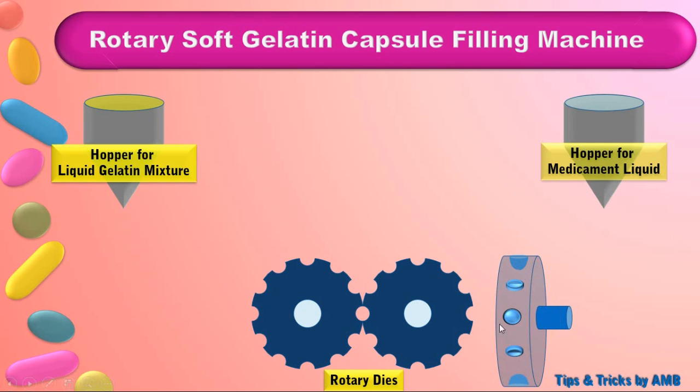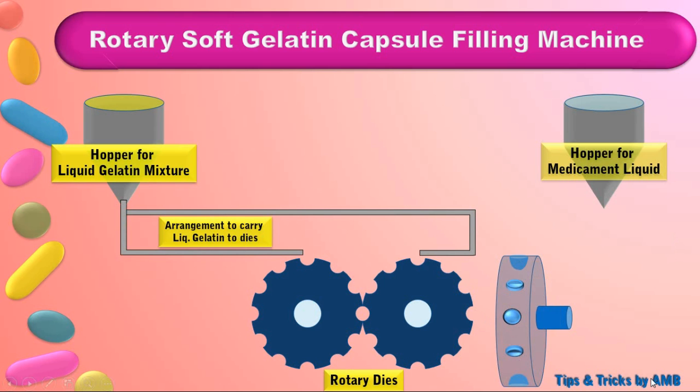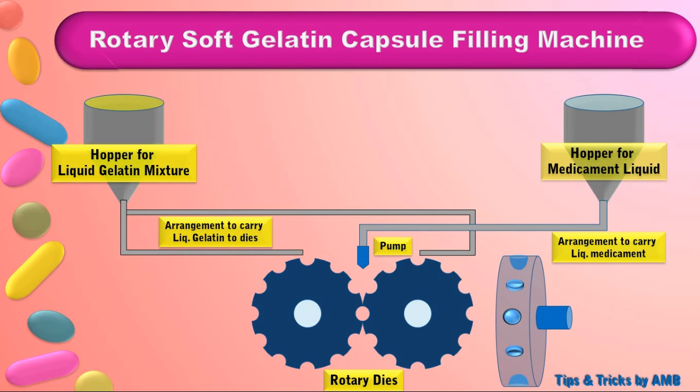It also has short tubes to carry liquid gelatin from the hopper to the rotary dies, and short tubes to carry liquid medicament from the hopper to the pump. The pump is attached at the end of the tube carrying liquid medicament, and it can be adjusted so that a predetermined dose of medicament is released after each stroke.